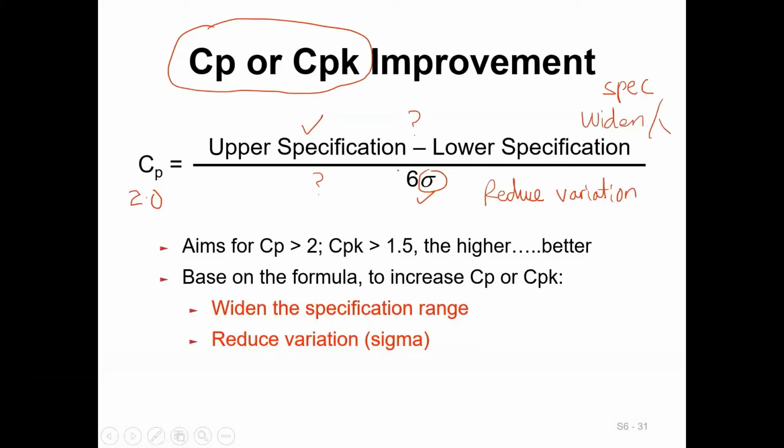Meantime, if I have a targeted CPK, for example a targeted CPK of 2.0. Why 2.0? Because 2.0 is a 6 sigma process. Scenario number one, perhaps I want to fix my specification. Some specifications are given by the customer, I have no choice, I have to fix the specifications.